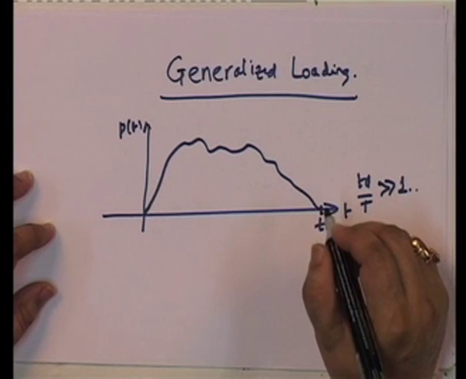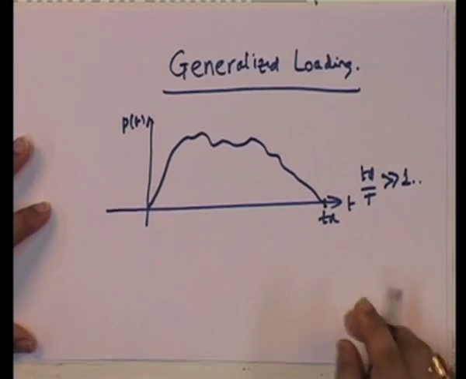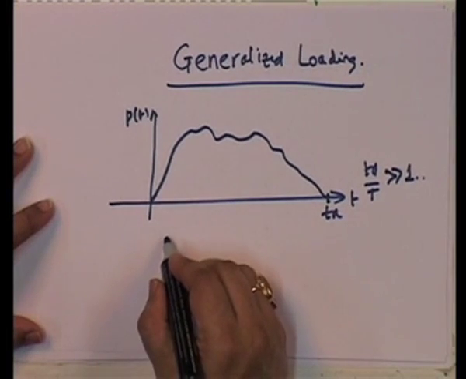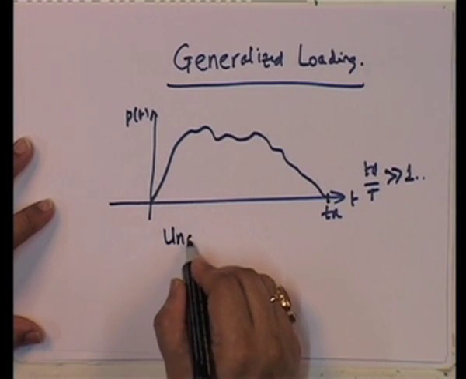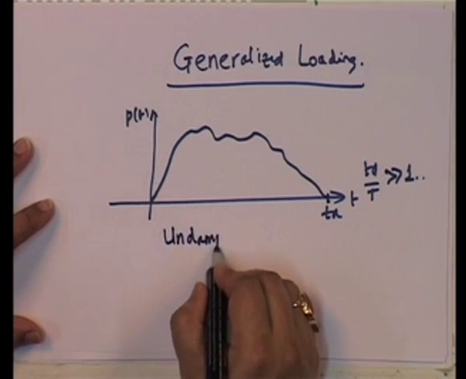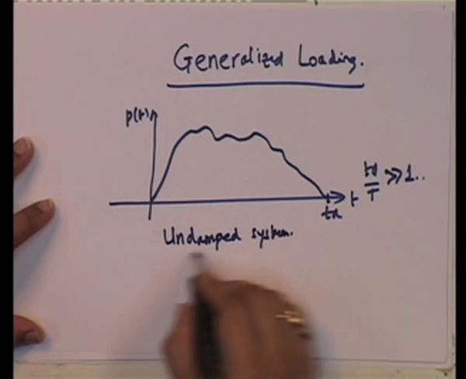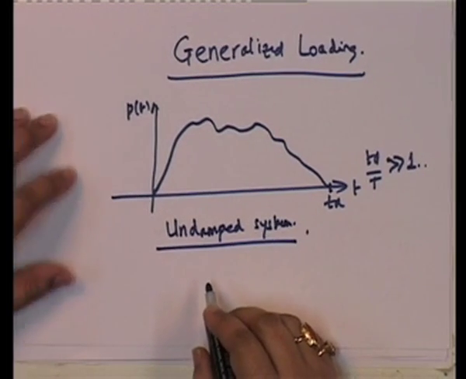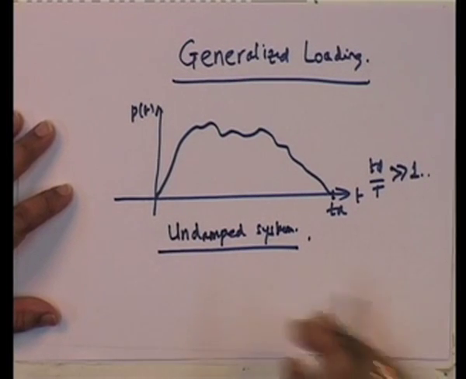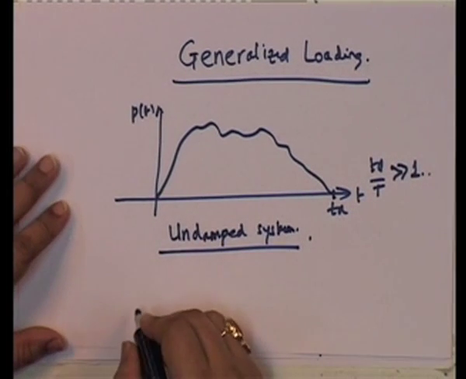The way I solve this problem is the following, and I am going to first write down this solution for an undamped system. For an undamped system, what was the impulse load response?